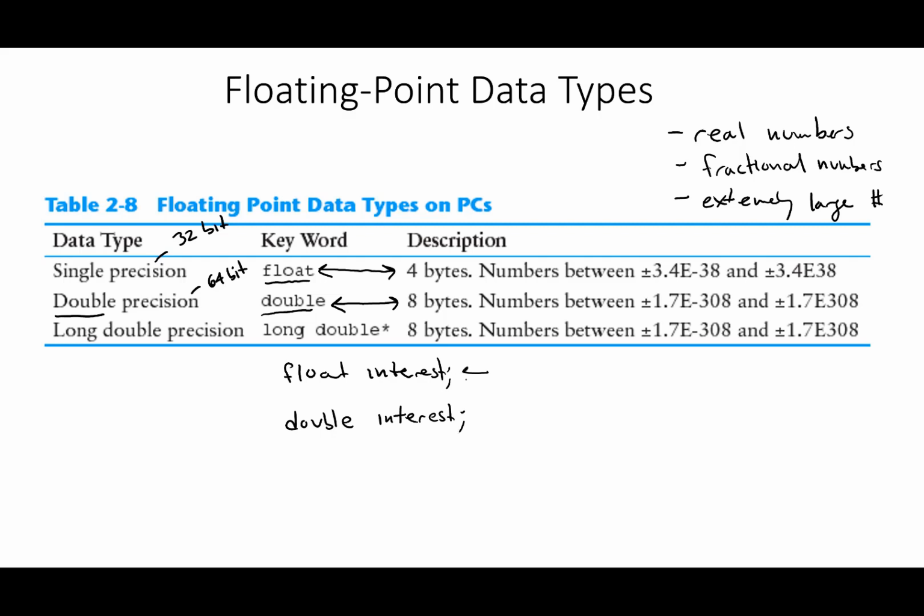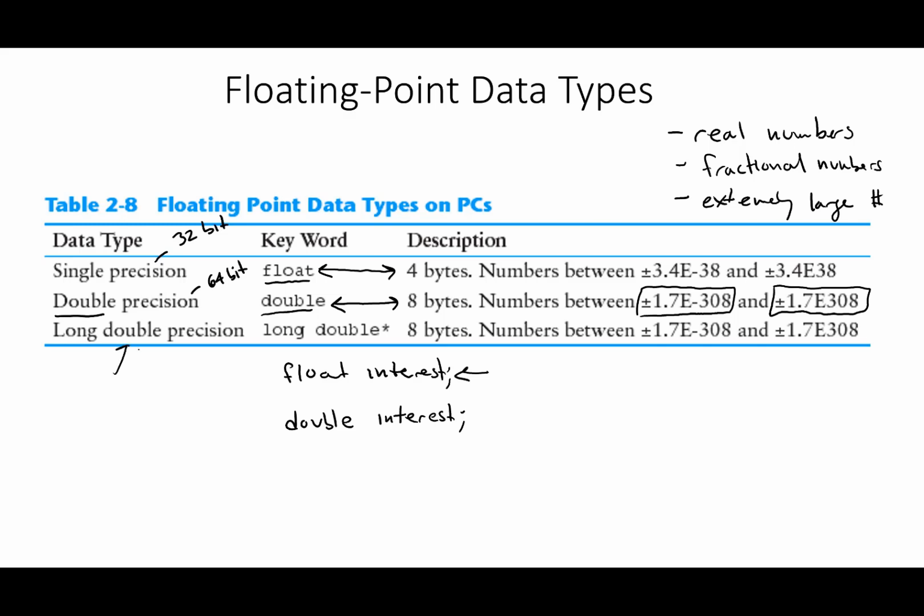The first one declares that variable as a 32-bit single precision floating point, and the second one is a 64-bit double precision floating point number. And then you can see the difference in the range of numbers that these can store. The range of numbers for the double is pretty big.